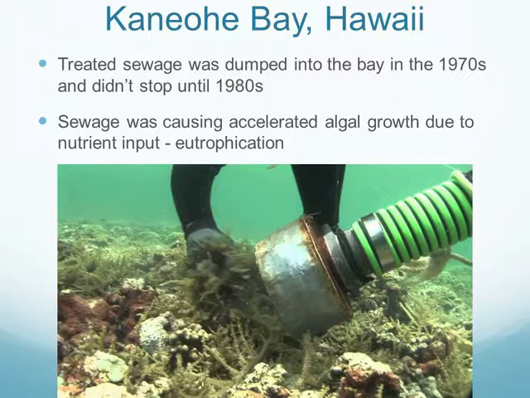That's essentially when you add too many nutrients into the ocean, and that leads to accelerated algae growth. Because algae is getting an excess amount of nutrients, it outcompetes the corals and grows much faster than the coral can. So in a sense, it starts to suffocate the corals.